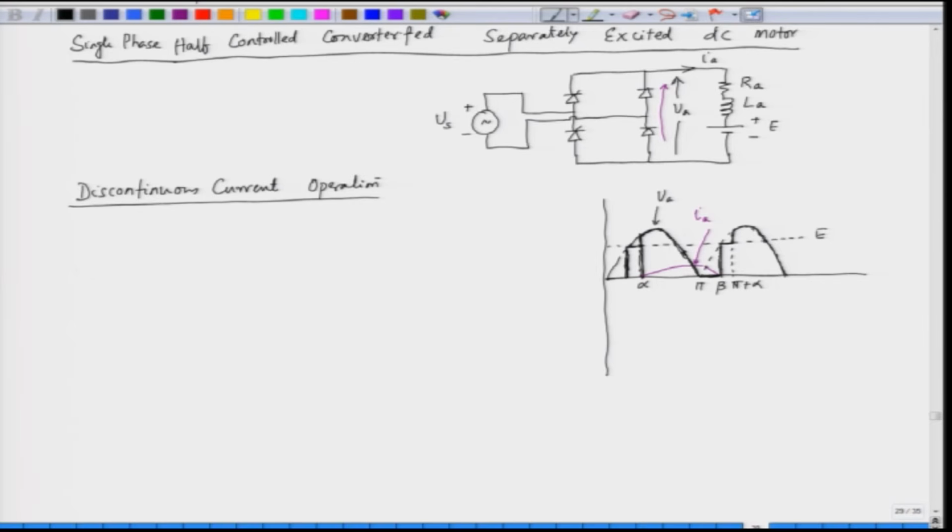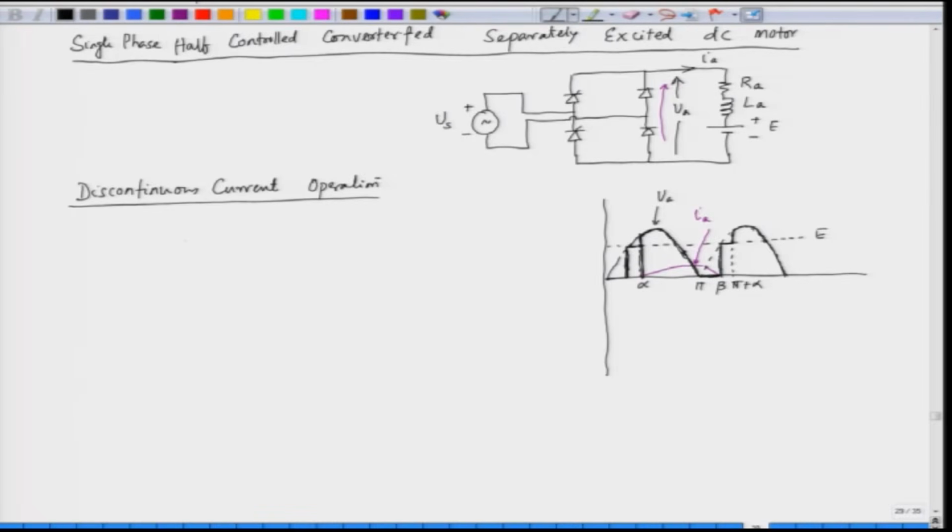Now, we can divide the discontinuous current operation into various modes. The first one is called the duty interval, when omega t is greater than or equal to alpha and less than or equal to pi. It means from alpha to pi, the supply voltage is available at the output.